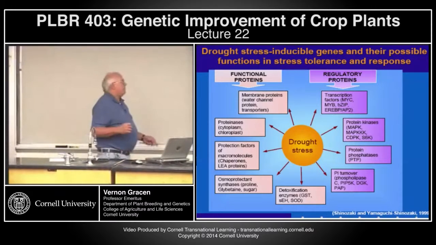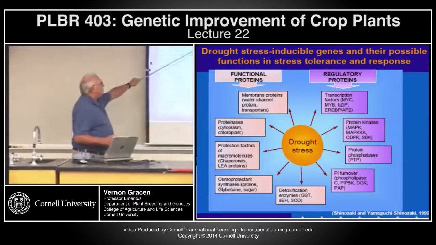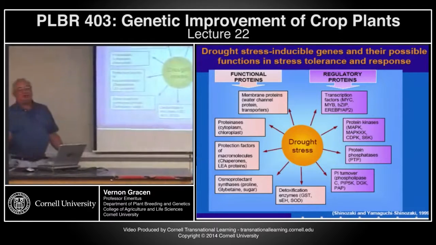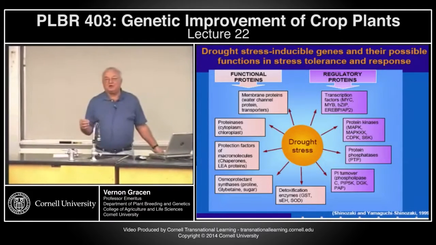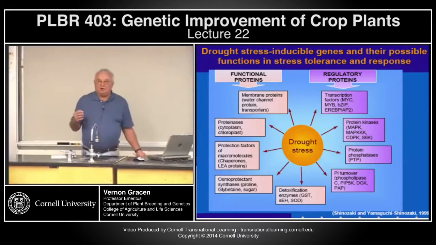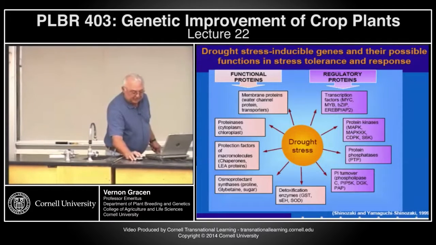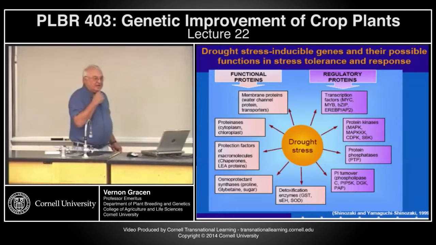And there are programs looking for genes that control all of these proteins in major crops. A lot of this work is done with Arabidopsis, of course, where the genome is known and characterized, but a lot of it is being brought in, particularly into rice today.